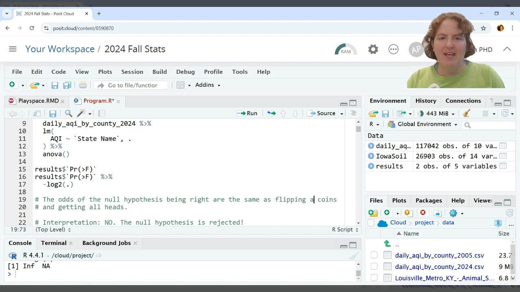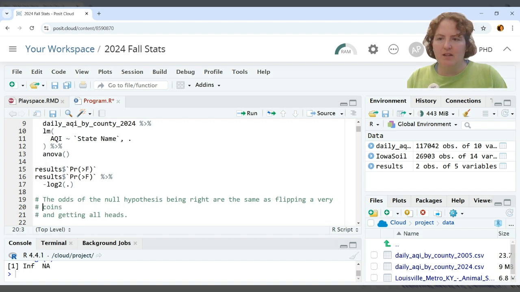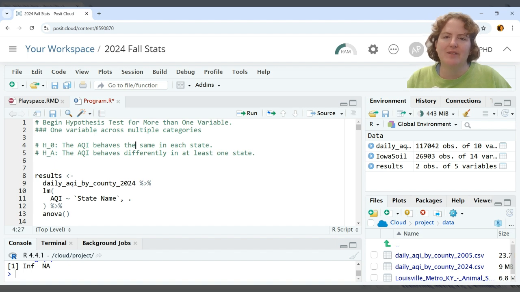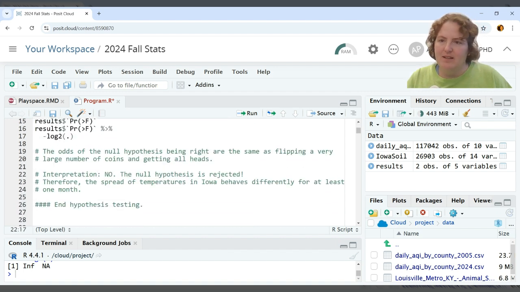It's like flipping a very large number of coins and getting all heads. And so I'm still rejecting the null hypothesis. So then I can say my air quality index behaves differently in at least one state.